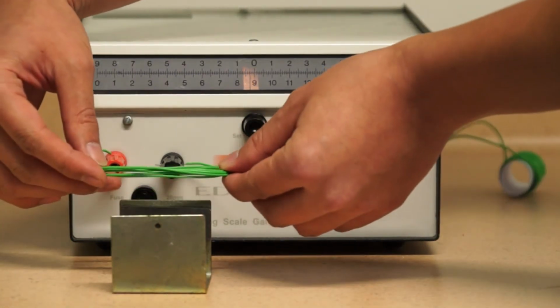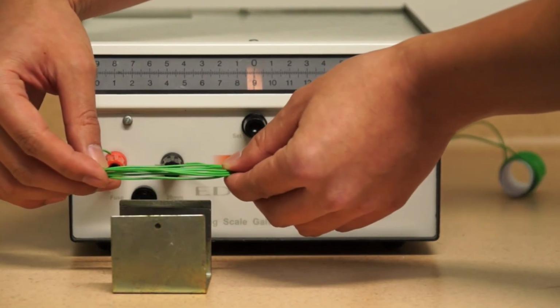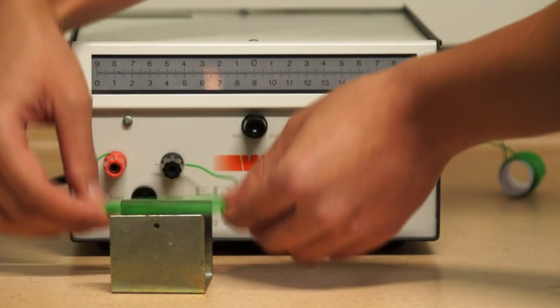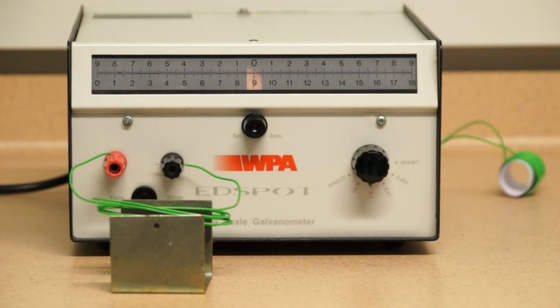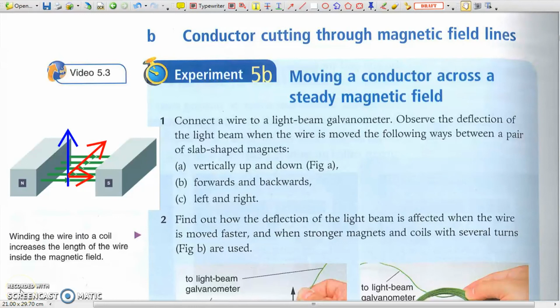Lastly, the wire is wound into a coil with several turns. What do you observe about the deflection of the light beam in the above changes? The second part of the video confirms our observations that the induced EMF increases with the speed of relative motion, the strength of magnetic field, and also the number of turns of the coil.